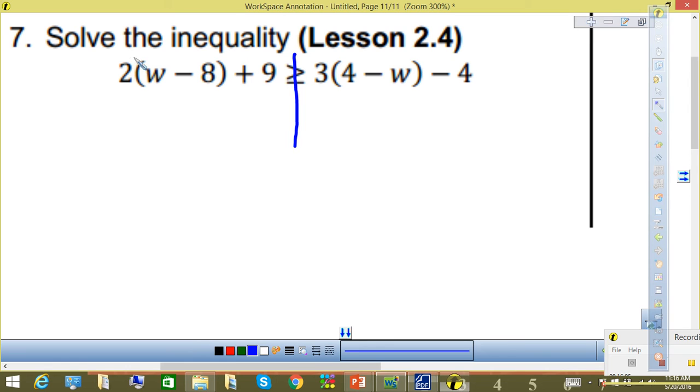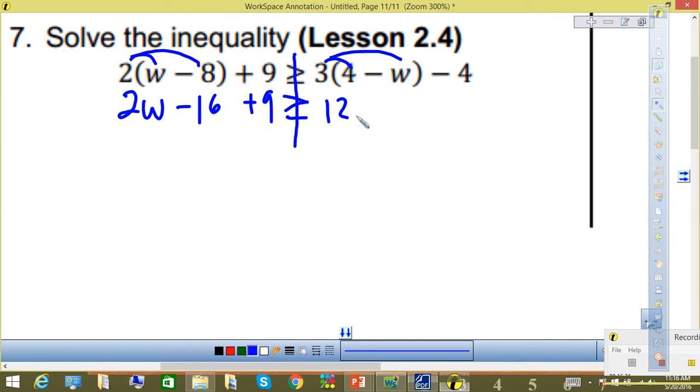So here we distribute. So we have 2w minus 16 plus 9 greater than or equal to 12 minus 3w minus 4.